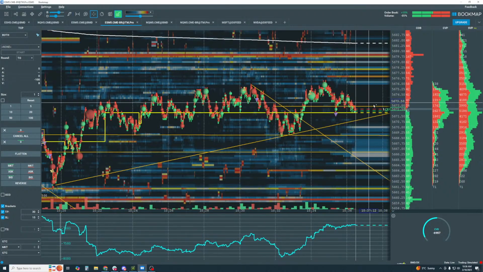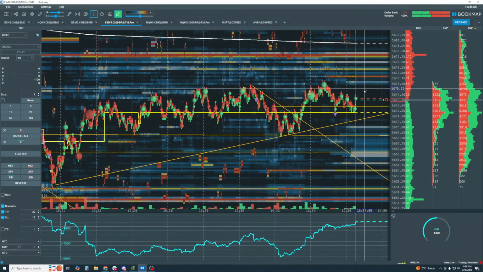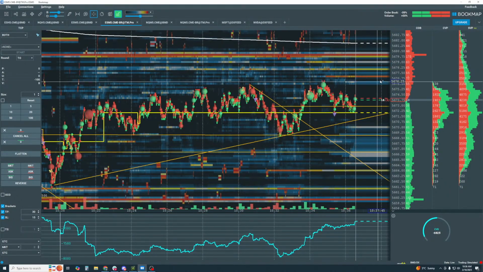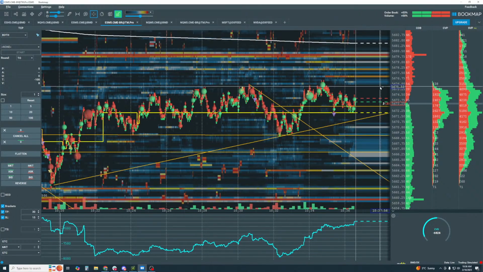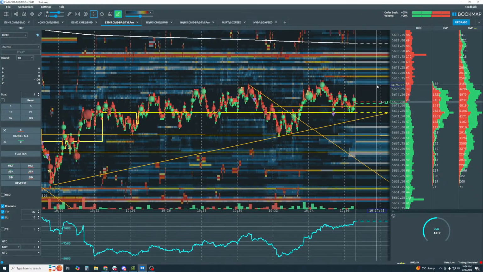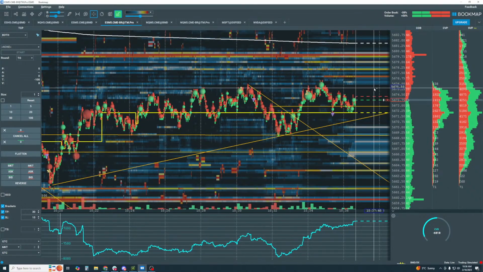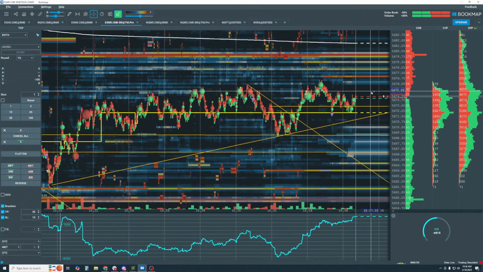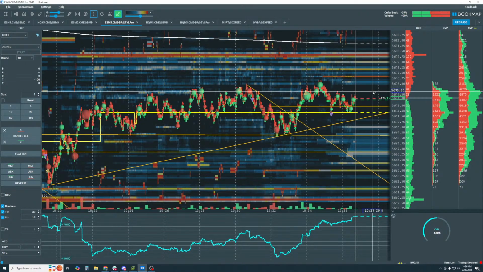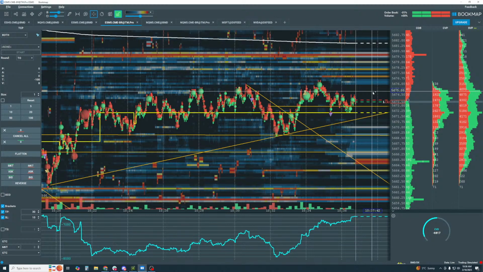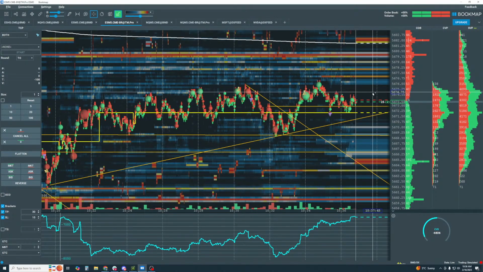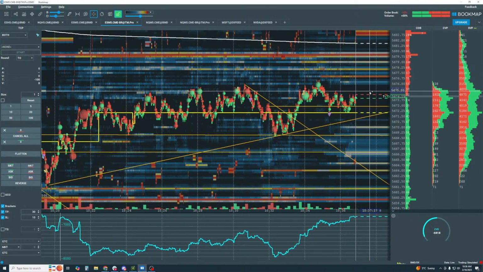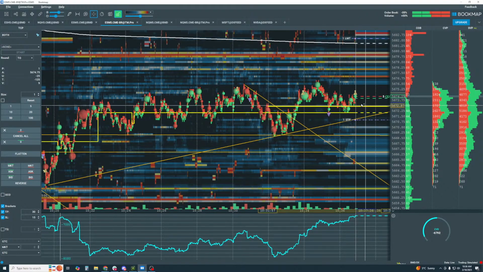Maybe we need to wait a little bit more here to find buyers off of another technical area. Okay, let's try it again here.